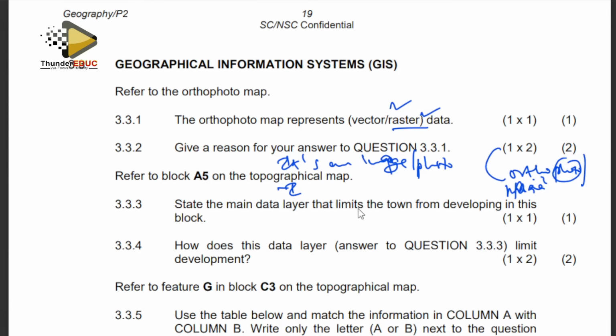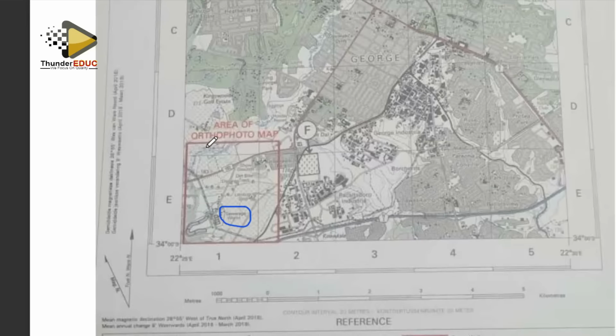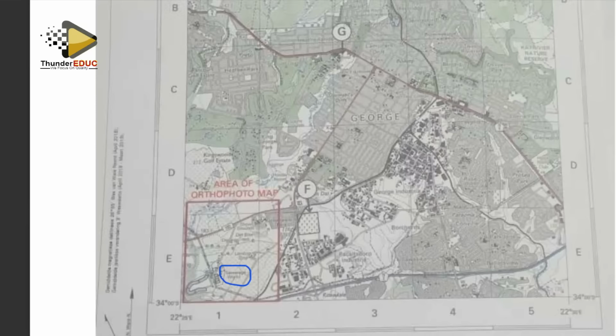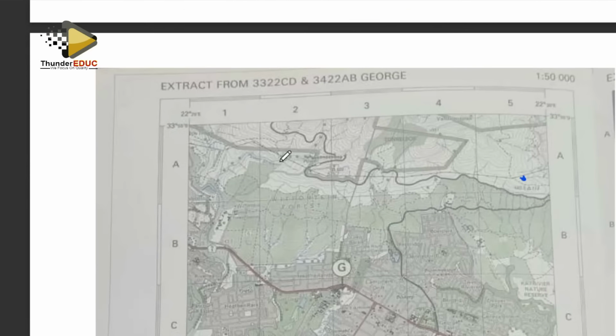3.3.3, state the main data layer that limits the town from developing in this block. What limits the town from developing in block A5? We come here. Which map are they referring us to use? Topographic, in block A5. Which data layer is limiting the extension in this block?